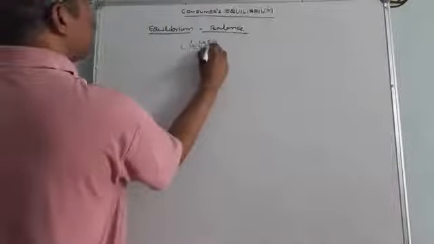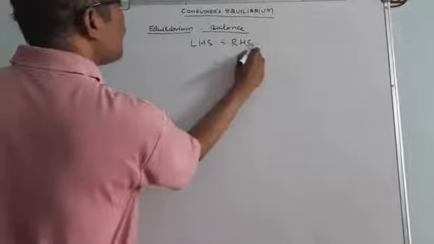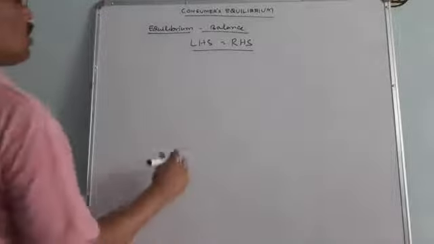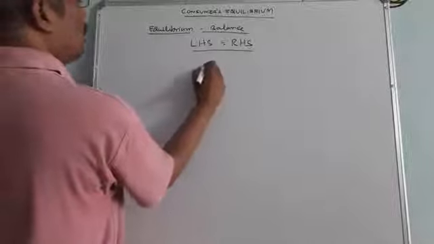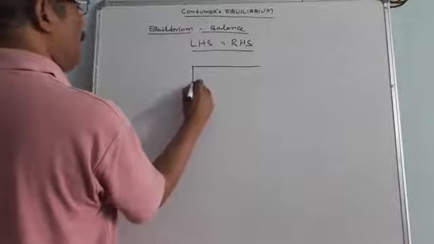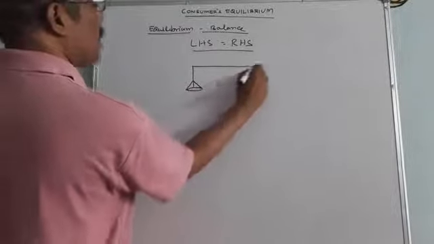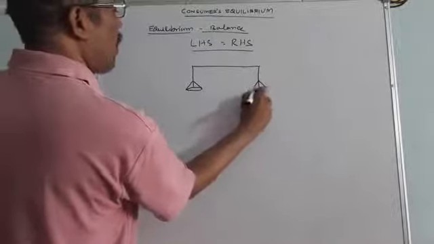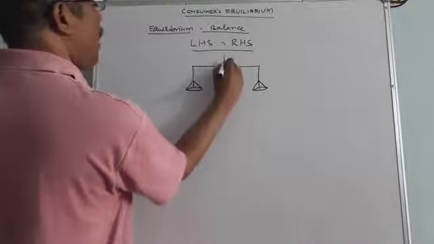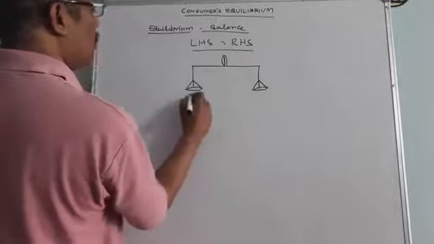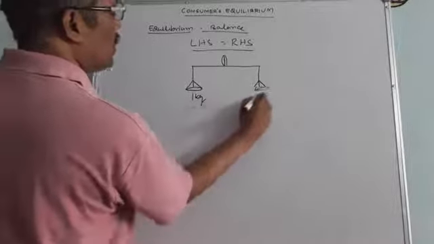Left hand side equal to right hand side, or whenever we measure one kind of balance, if it is 1 kg, it is also 1 kg.